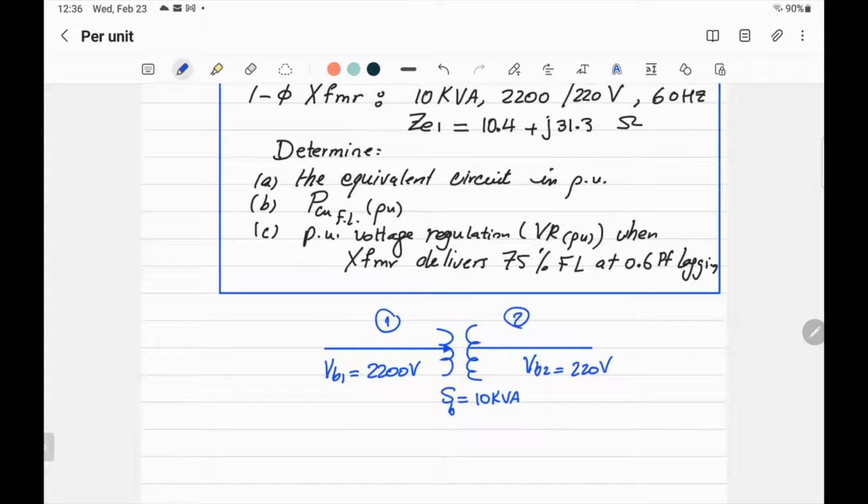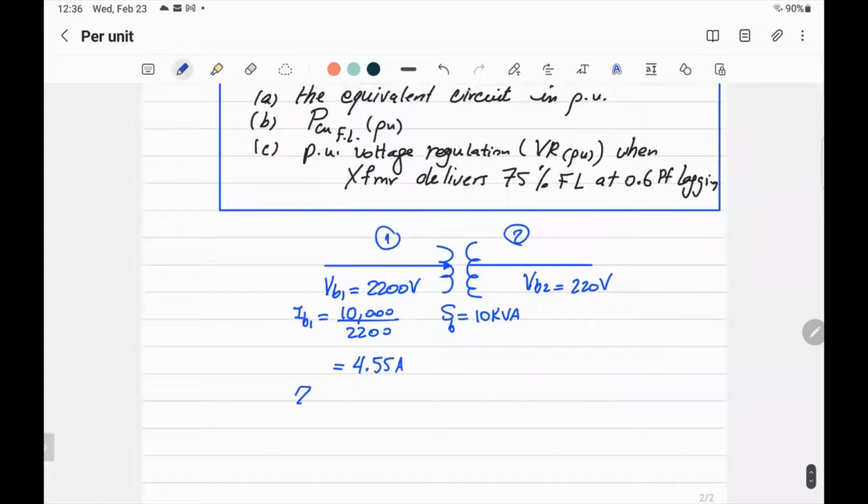Now I will start to get the current base and Z base for both sides. First, what's the I base? I will divide S base, which is 10,000 volt-amp, by the voltage base, which is 2200, and I get 4.55 amp.